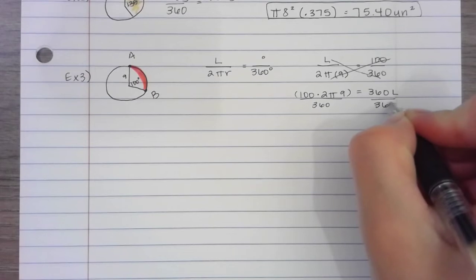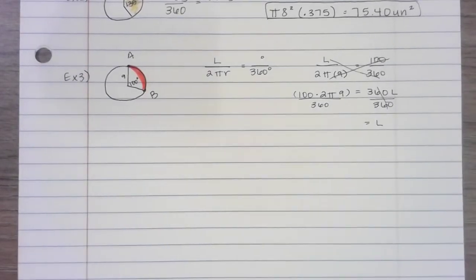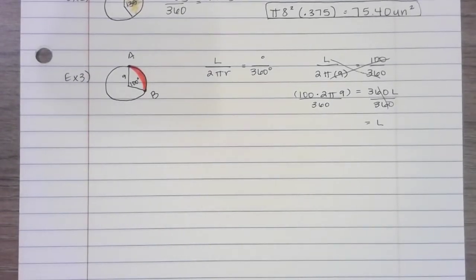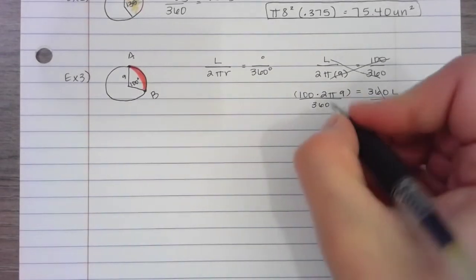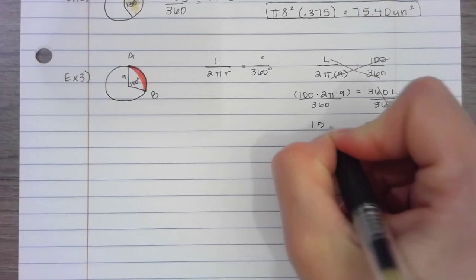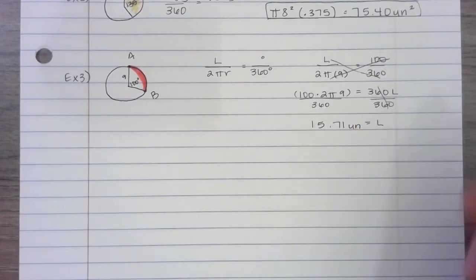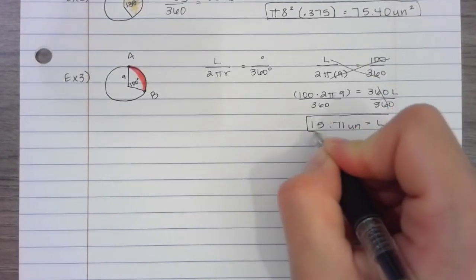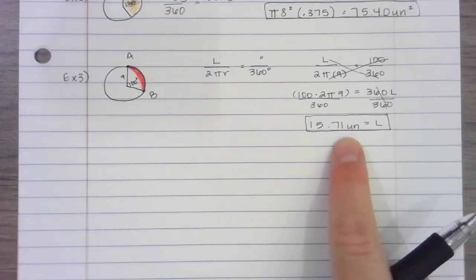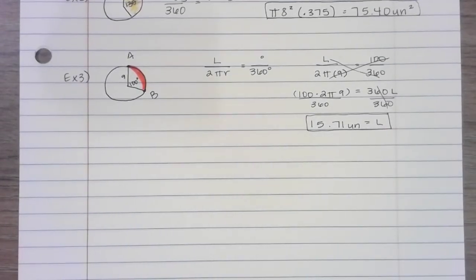Divide by 360, and the length of that arc, when you plug that all in and round to the nearest hundredth, is 15.71 units. Not units squared. A length or a circumference is just units.